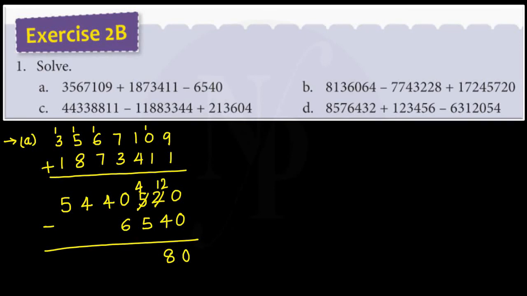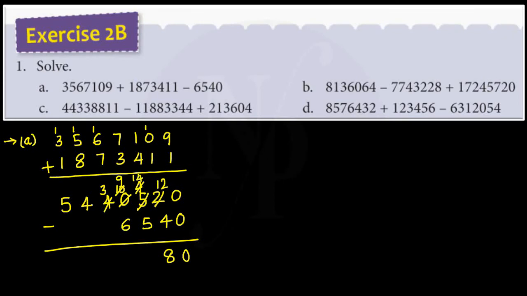And to subtract 5 hundreds from 4 hundreds, we need to regroup. We will move to the ten lakhs place. This will become 3, and here this becomes 10. And again, to borrow to the hundreds place, we make this 9 thousands, and now this becomes 14 hundreds.